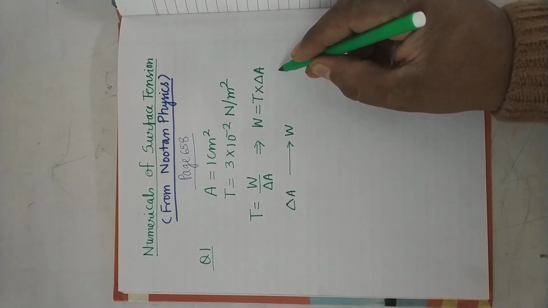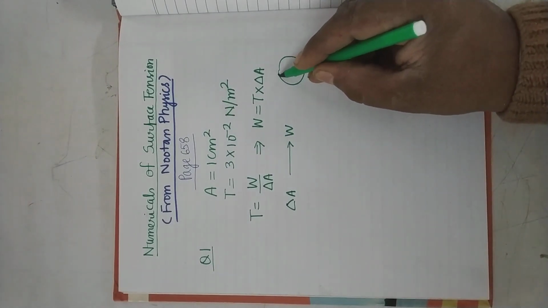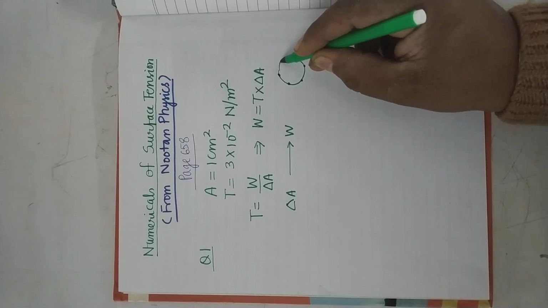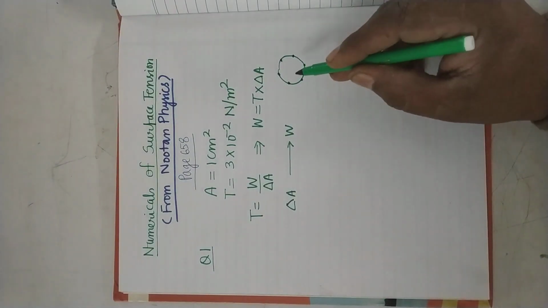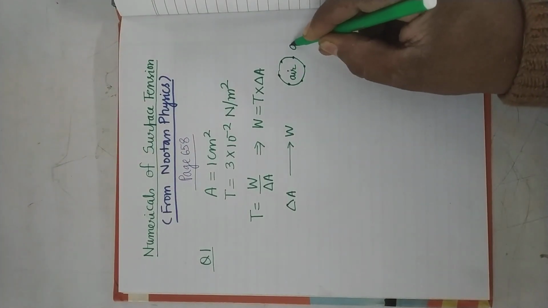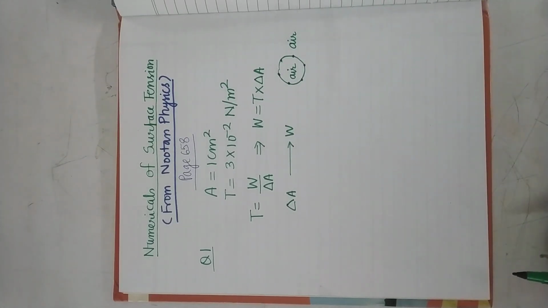But you see here, a soap bubble. In the soap bubble, soap solution molecules will be only on the surface. Inside there is air, outside also there is air. Means there are how many free surfaces? Free surfaces are 2.